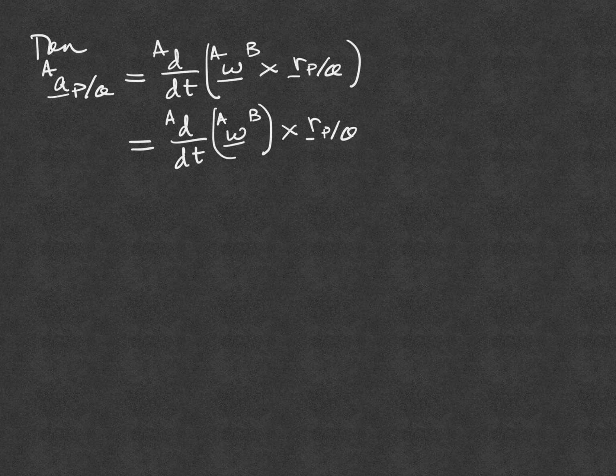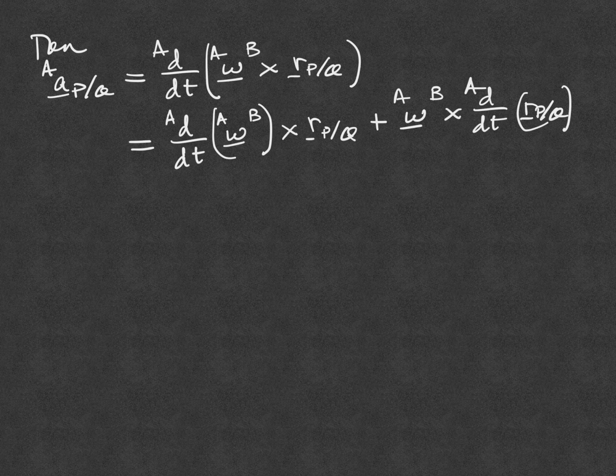That's the first term from the product rule. And the second term from the product rule is omega BA crossed with d dt in A of the position of p relative to q.